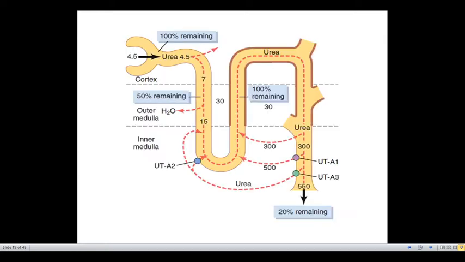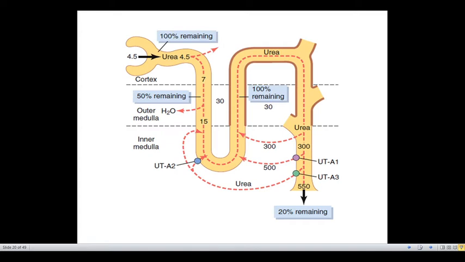This figure shows recirculation of urea absorbed from the medullary collecting duct into the interstitial fluid. This urea diffuses into the thin loop of Henle and then passes through the distal tubules, and it finally passes back into the collecting duct.